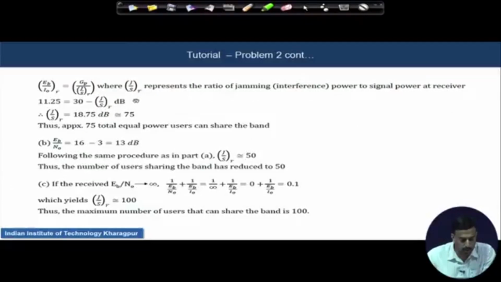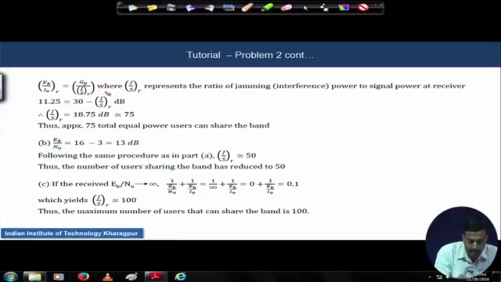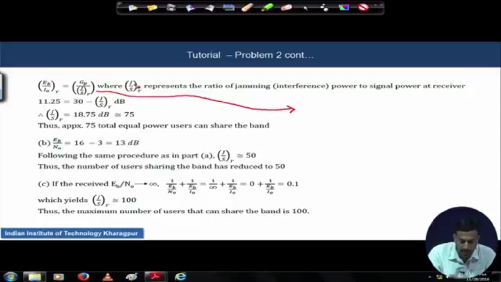Now, how to use it in order to find out the total number of users supported. We have already calculated this, and this expression again is quite common, wherein Eb by I naught is written in terms of the processing gain and the ratio of the jammer power to the signal power.